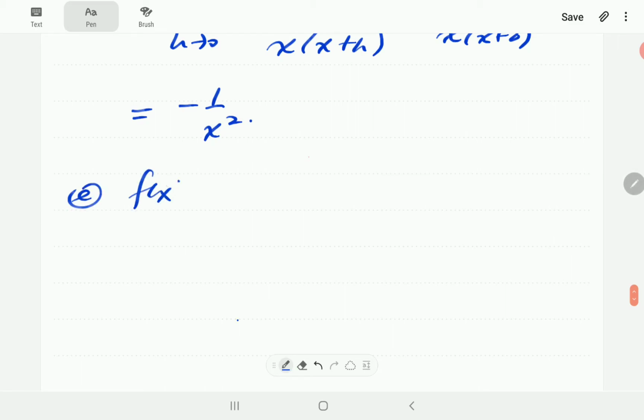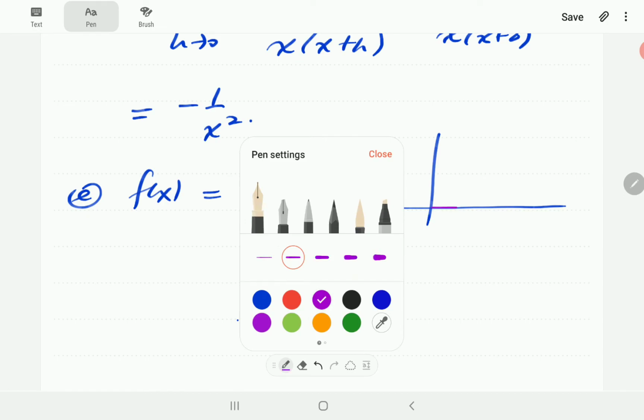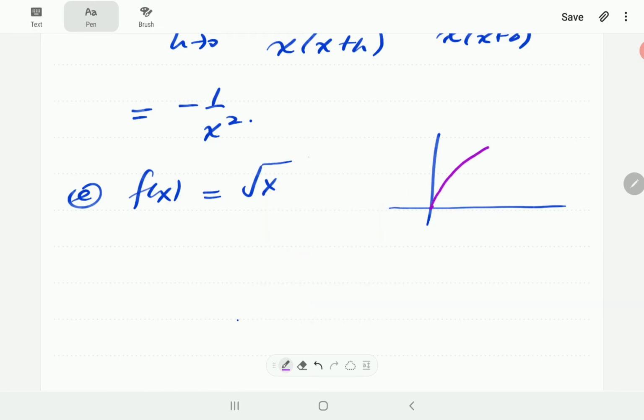In example number E, we have f of x equals square root x. If I can just make a sketch of this, square root x is only going to make sense when x is positive, so it's only going to be located this side, and it's going to look something like this.